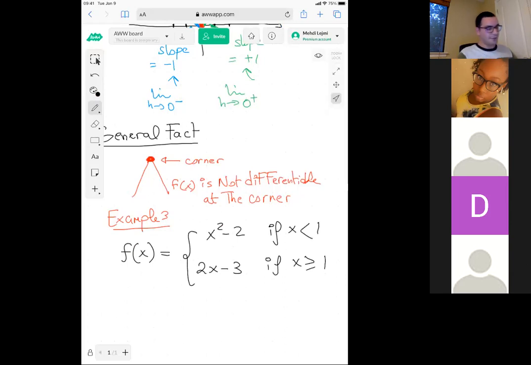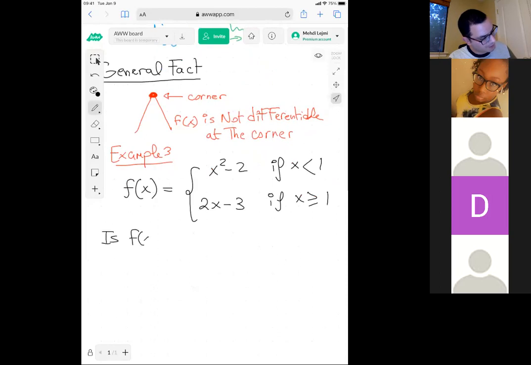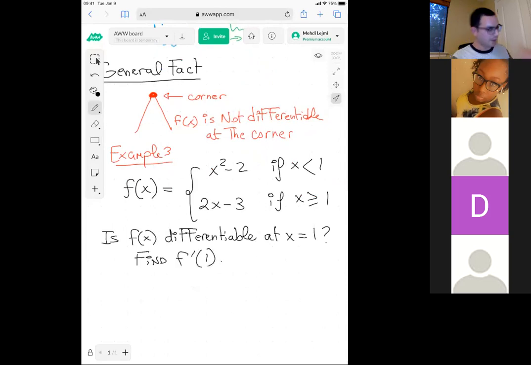Okay, perfect. So the question is, let's say you want to check if f is differentiable. So is f of x differentiable at x equal to 1? And so we need to find f prime of 1, right?